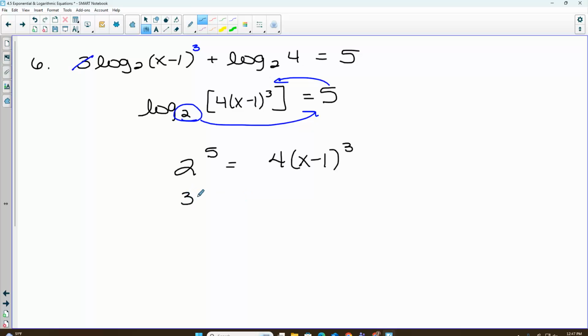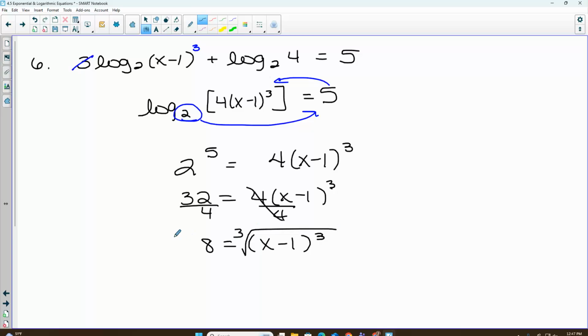2 to the 5th is 32. What would you do to solve for x? Divide by 4, 8 is x minus 1 cubed. And you can do the cube root. Cube root of 8 is 2, so 2 is equal to x minus 1.